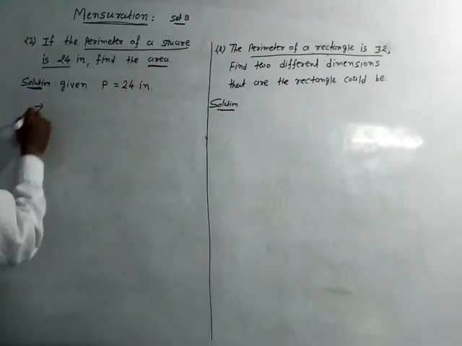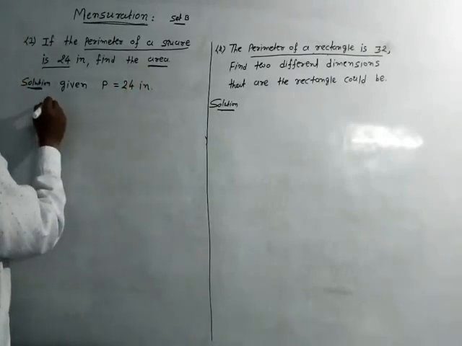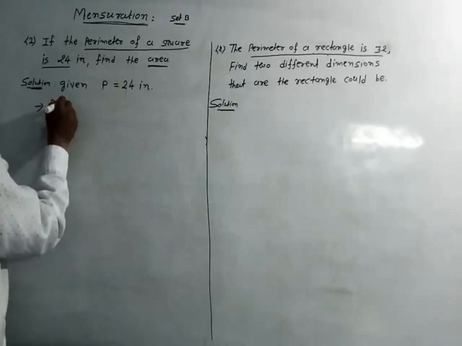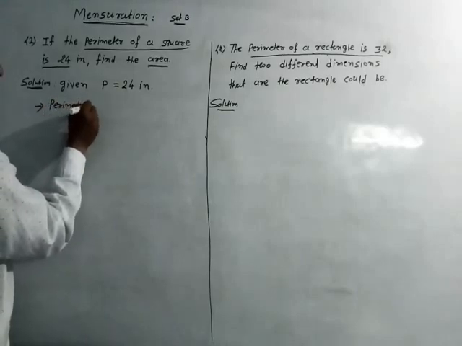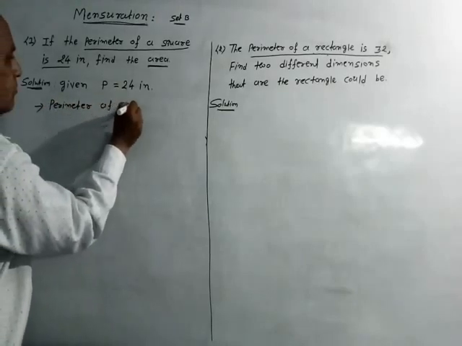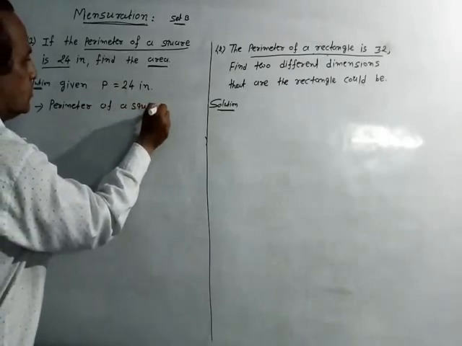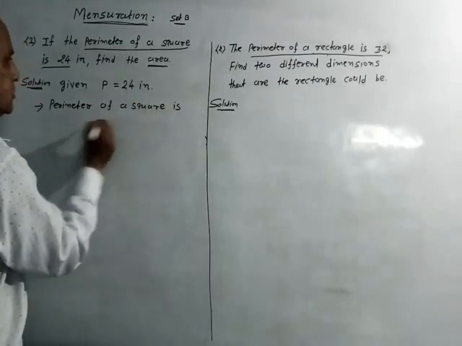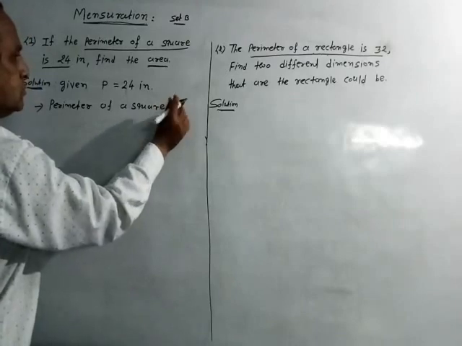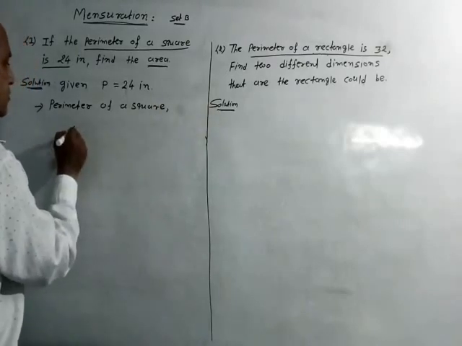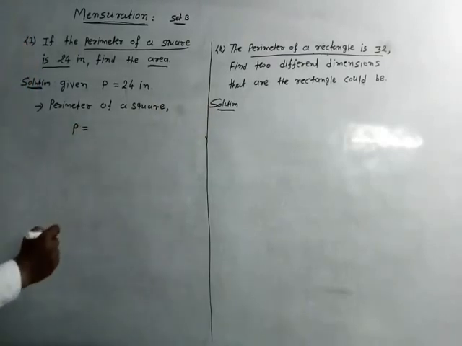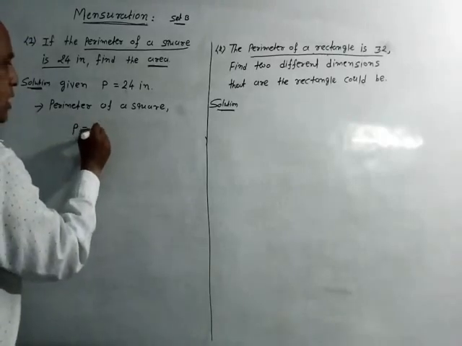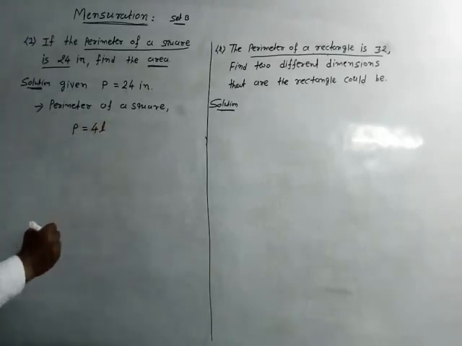We know that perimeter of a square P is equal to 4L.